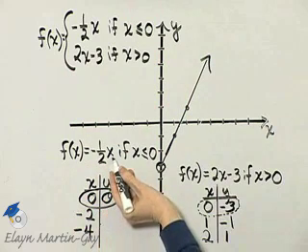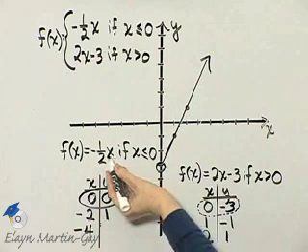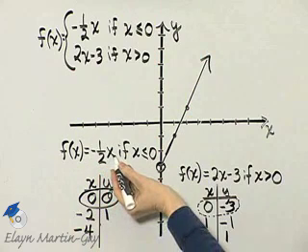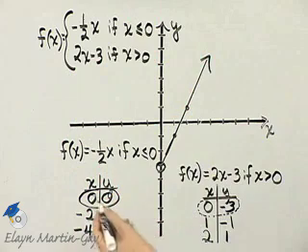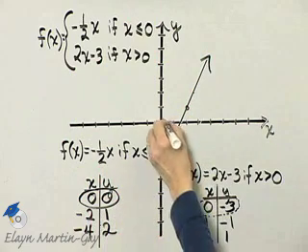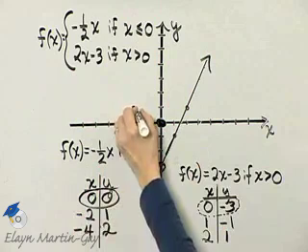If x is -2, what's -1/2 times -2? That's a +1. And if x is -4, a negative times a negative is a positive, and 1/2 of 4 is 2. All right, I have 0, 0, and that is a solid point. -2, 1.